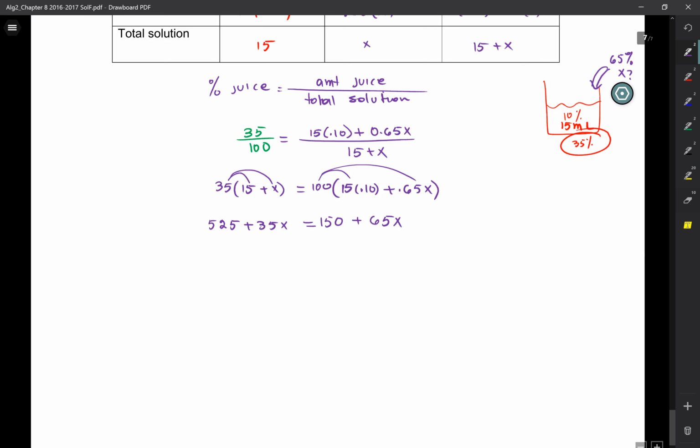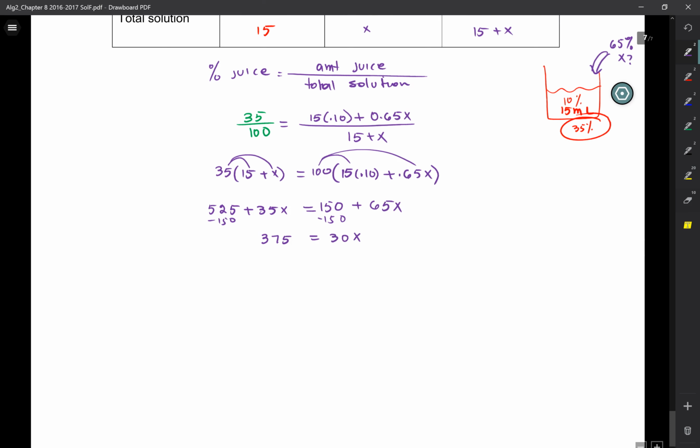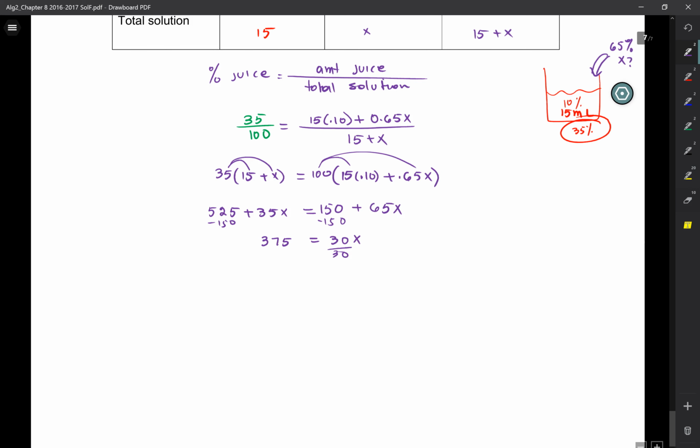Now when I subtract 150, 375 is equal to 30x. We're almost done. Divide by 30, divide by 30, x is equal to 12.5. So basically, I need to add 12.5 milliliters of the 65% solution.